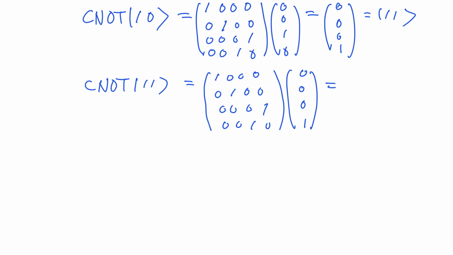Second row, first column, 0. Third row, this column, 1.